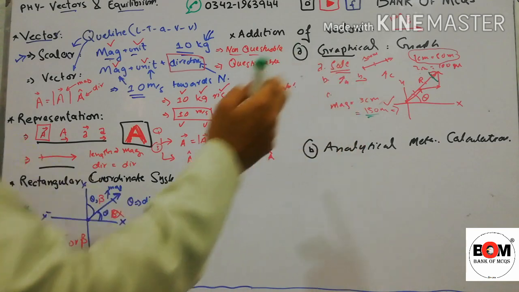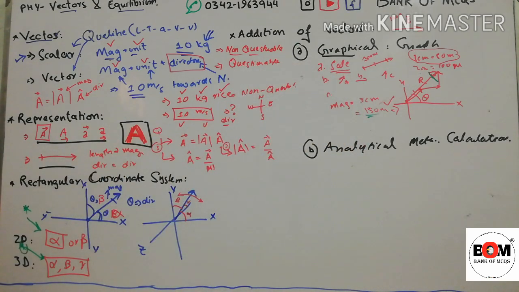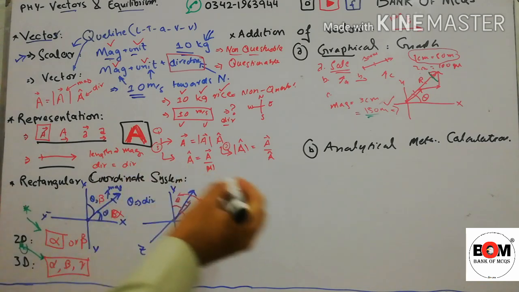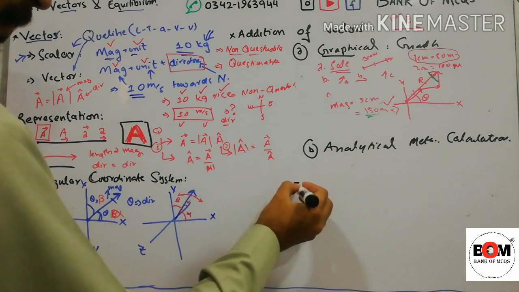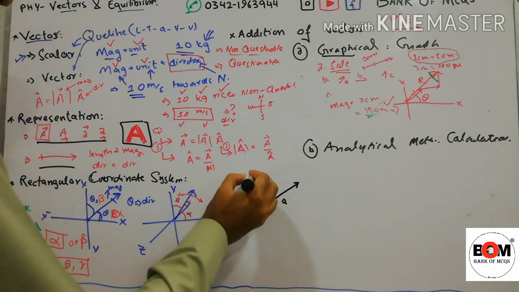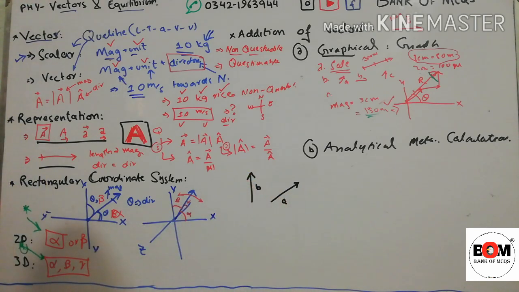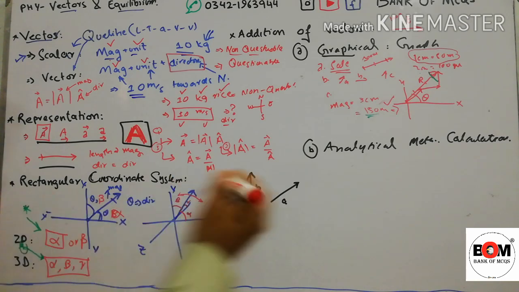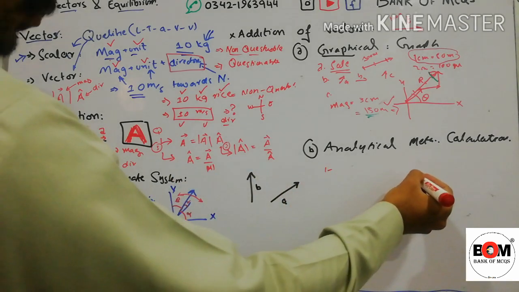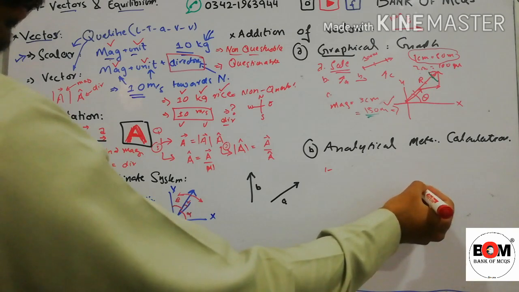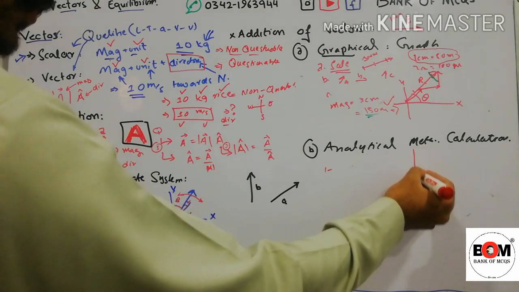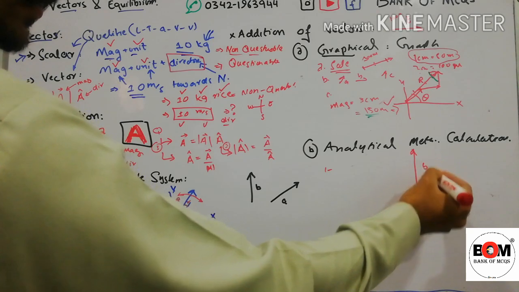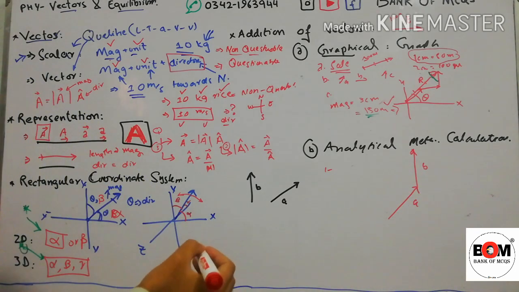The next way, that is the analytical way, is based on the calculation method. In this case, if we have two vectors, vector A and vector B, suppose this is vector A and this is vector B. So the first step in this case is we will draw both the vectors, and we will join these with the head to tail rule.